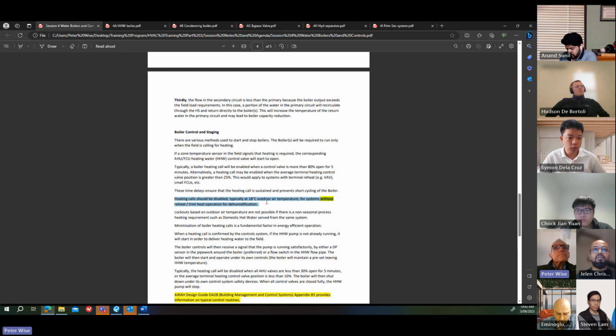In some cases, this is getting into more complex systems now, you might have a cooling coil and a heating coil, and or you might have zone heating coils for different terminal units, controlling dehumidification.